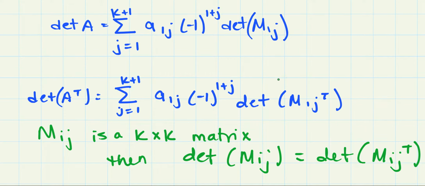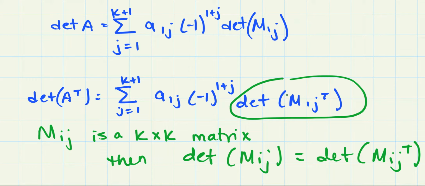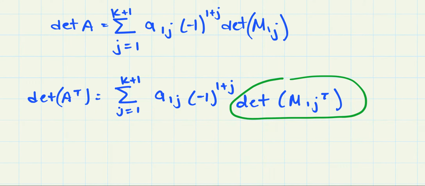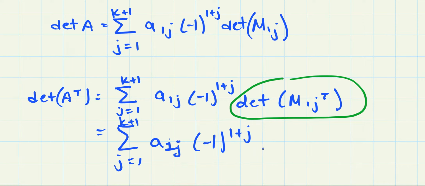So what we can do now is substitute, instead of this determinant of Mij transpose, what we're going to put is that this is equal to, just repeat all of this, 1j, negative 1 to the 1 plus j, determinant of Mij.